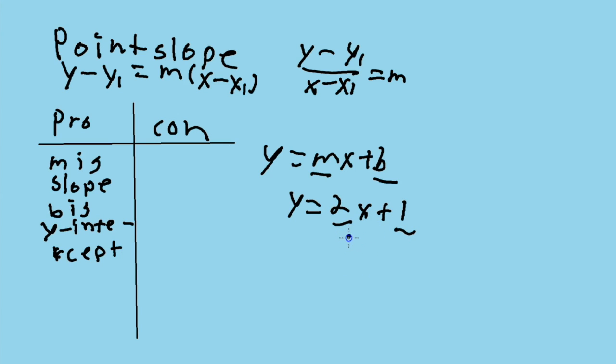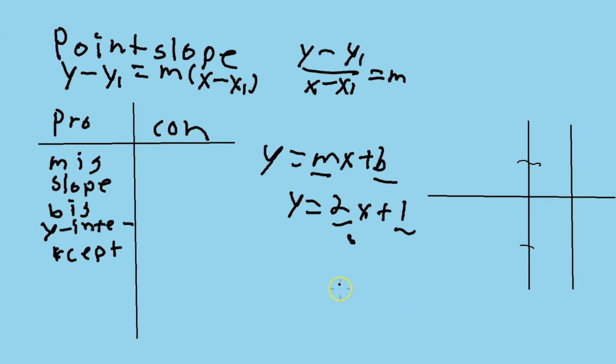A con for slope-intercept form is that you cannot write vertical lines because their slopes are undefined. For a vertical line, let me make a little graph here. That's the x-axis, y-axis. This is the vertical line, right? For example, with 2 points, let's say that this is 1, this is -1.